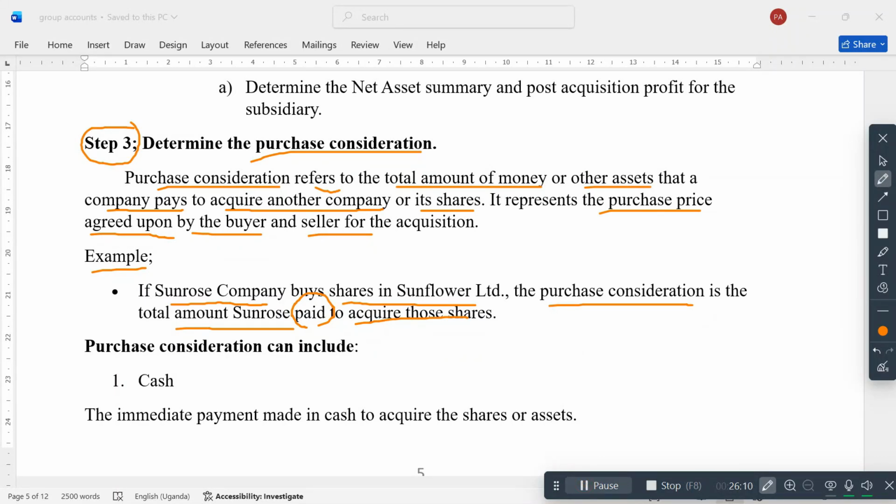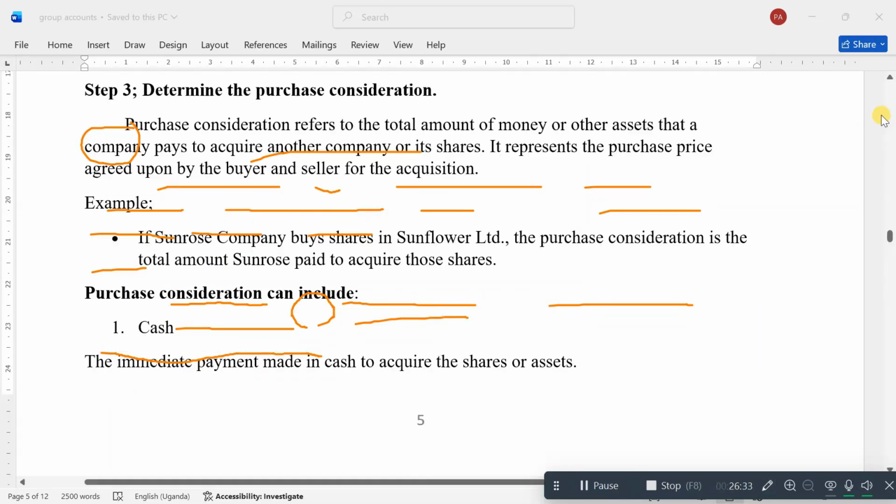Purchase consideration can include the following. I said purchase consideration is the amount of money you pay to acquire interest in the other company or to buy shares in another company. But someone may think that it's only cash. No, we may have several considerations you may pay, or things you may pay in exchange for shares in the other company.